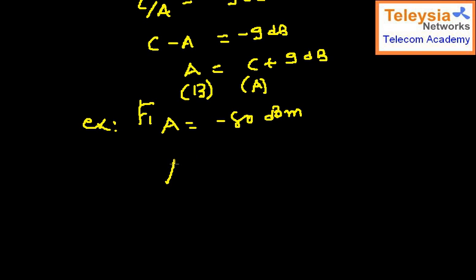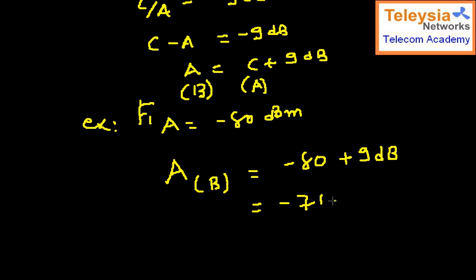The adjacent channel level of B should be the carrier plus 9 dB, so that is minus 71 dBm. You can see B is my adjacent channel, which has the F2 frequency, coming up to minus 71.